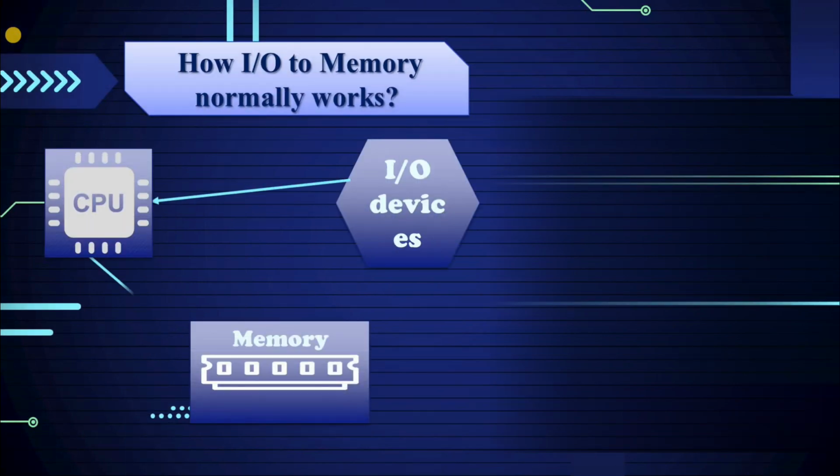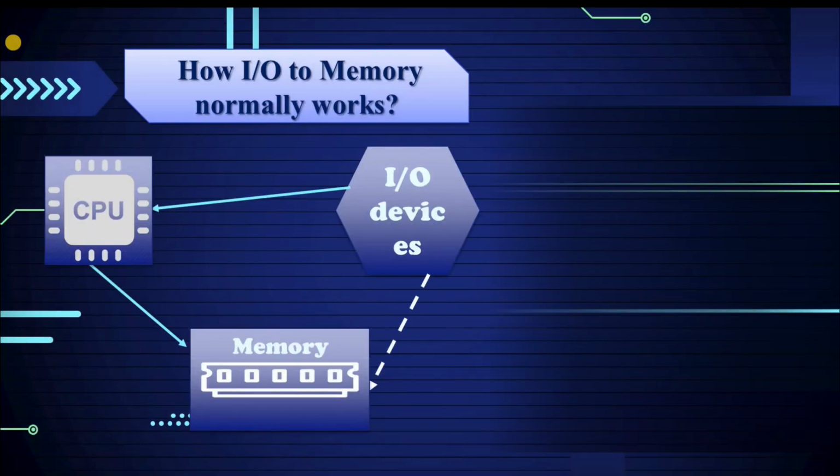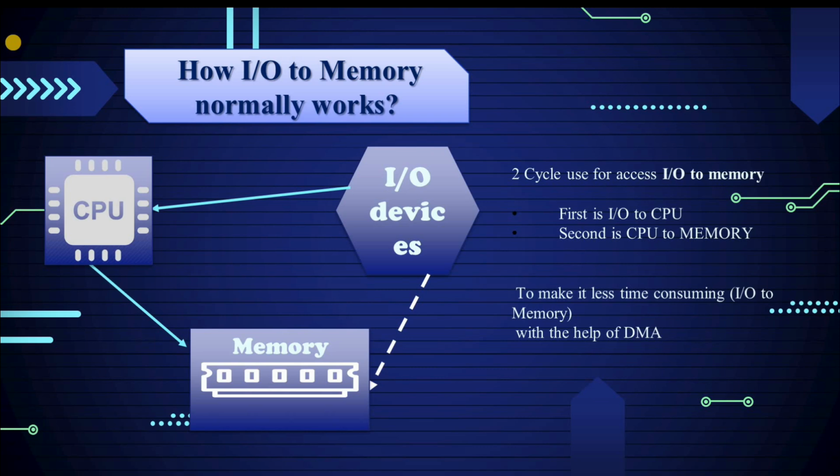On the next slide, we will take a closer look at how input-output to memory normally works. In a typical computer system, the CPU communicates with input-output devices and memory through a system bus, which is a shared communication pathway that connects all the components.